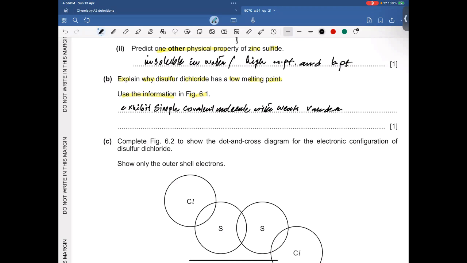In class, I've told you van der Waals forces are also called intermolecular forces. To overcome this force, less energy is needed.